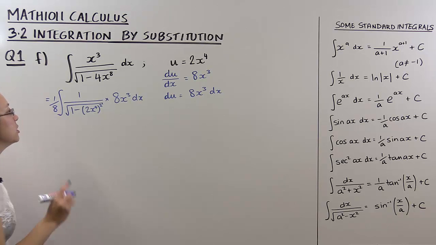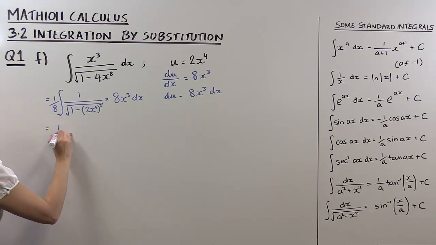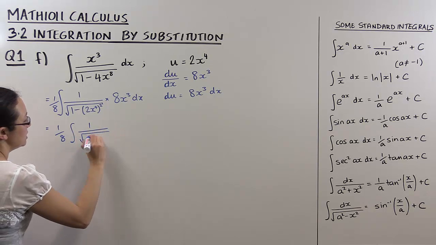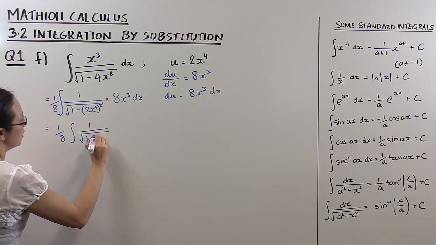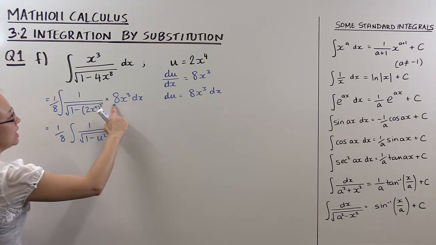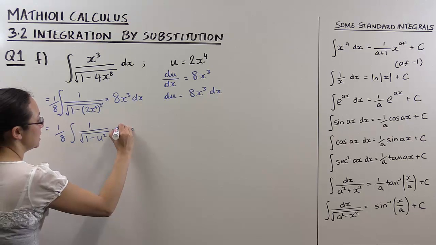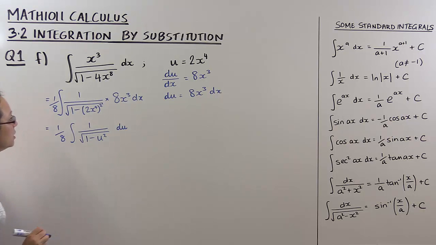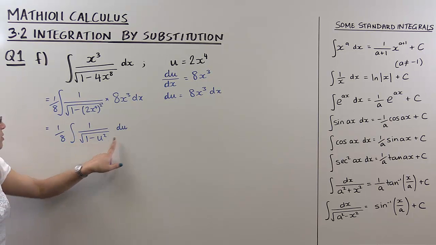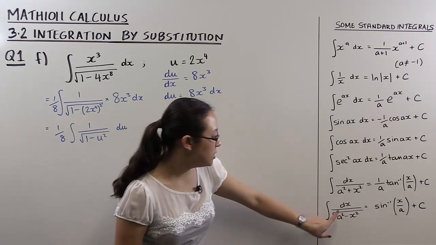Now I'm ready to do my substitution. I have 1/8 the integral of 1 over the square root of 1 minus u squared, because u is 2x to the 4, and 8x cubed dx is a du. So this integral simplifies to 1 on 8, the integral of 1 on the square root of 1 minus u squared du. And I know how to integrate that.